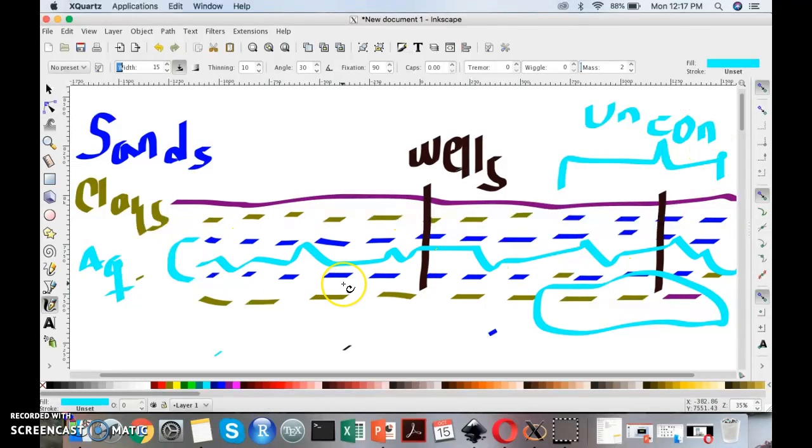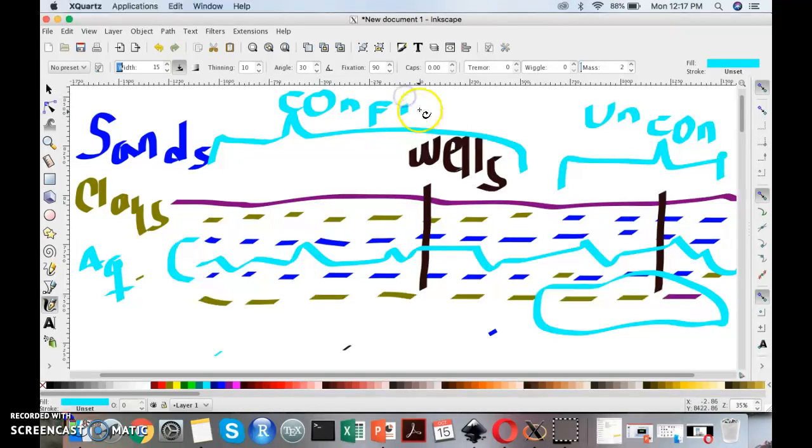However, on this left-hand side, where I have confinement of the water that is flowing through the aquifer, I have confinement by the clay layers here at the top and also here at the bottom, then this part of the aquifer is going to be a confined aquifer. Okay? So why is it confined when the clays are on the top and the bottom?